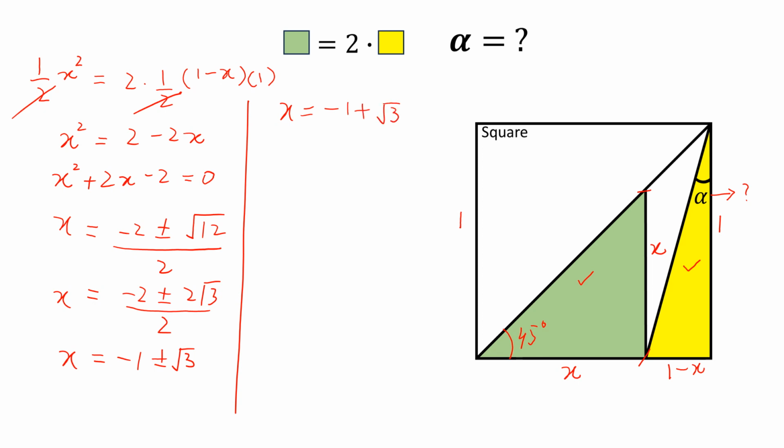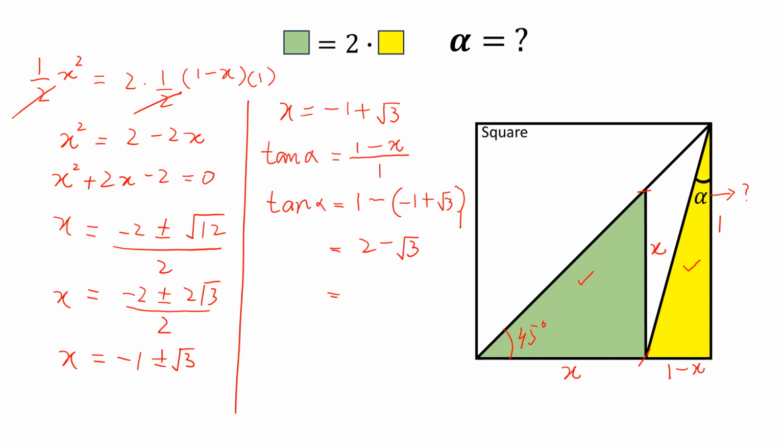Now we can calculate alpha, and from the yellow triangle we can write tangent alpha is equal to (1 minus x) divided by 1, and tangent alpha is equal to 1 minus x, which is minus 1 plus square root of 3 subtracted from 1, and this is equal to 2 minus square root of 3.